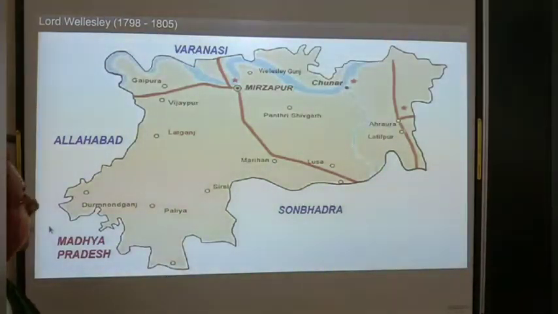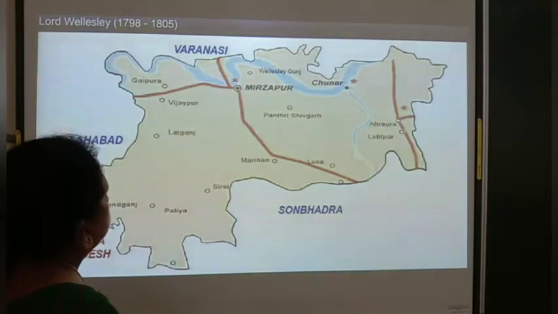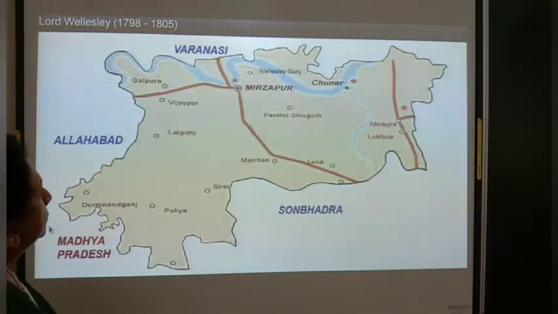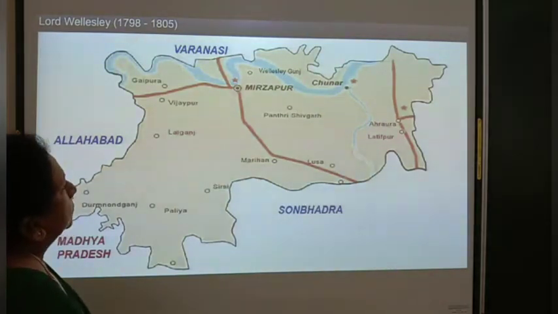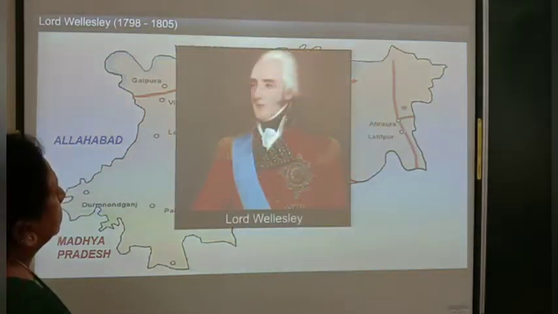Since a major part of the city was established by the British, some places have been named after Englishmen. One such place in Mirzapur is Wellesley Ganj, which is named after Lord Wellesley.